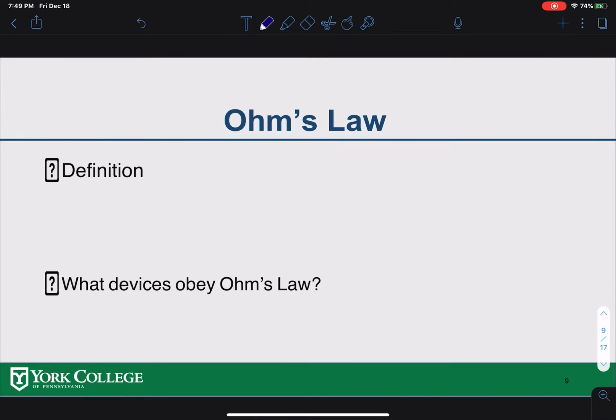So Ohm's law. Ohm's law is basically saying that your voltage and current, V equal to IR. That means that your voltage and current are directly proportional to each other through a particular device.